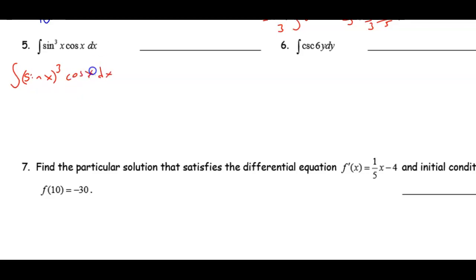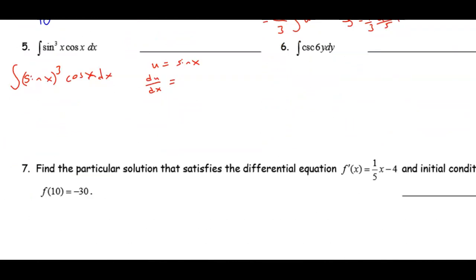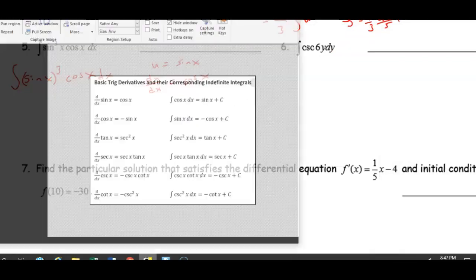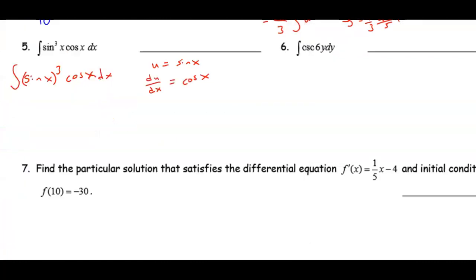And the reason I do that is because now this is the derivative of sine of x. So when I say u equals sine of x and you go du over dx, the derivative of sine of x is going to be cosine of x. All right, and again, we see that on our chart right here. The derivative of sine of x is cosine of x.